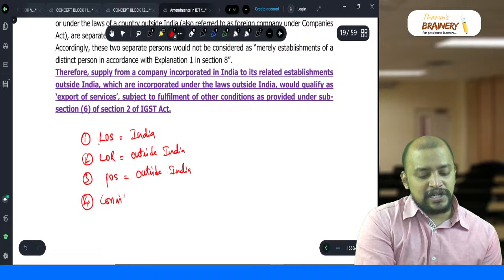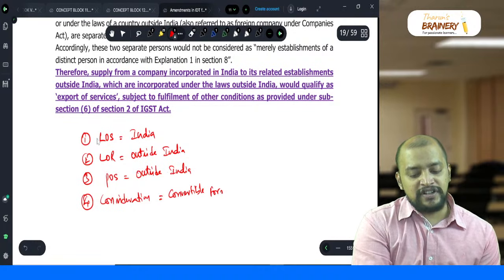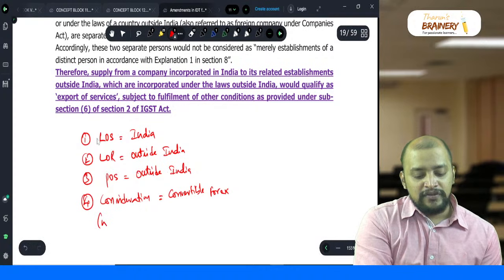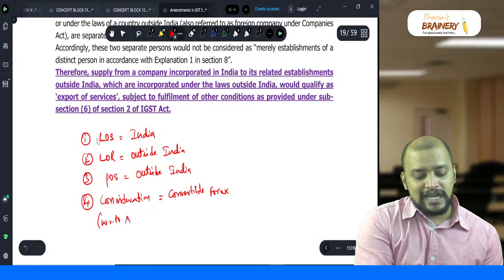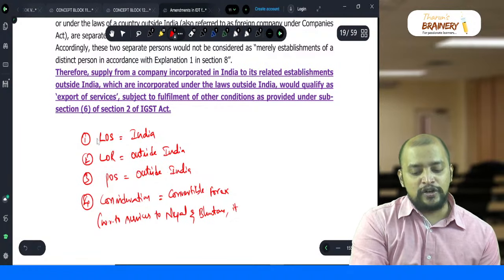Then supplier should have received the consideration. How should the consideration be? The consideration should be in convertible forex. But in case of services to Nepal and Bhutan, it should be in Indian rupees.